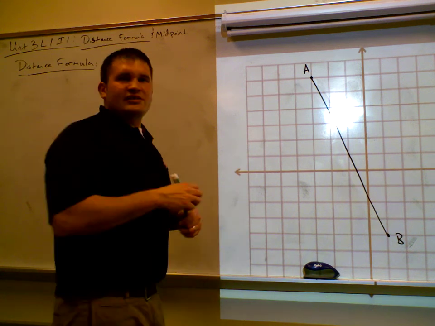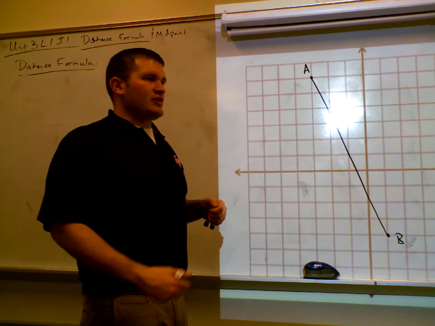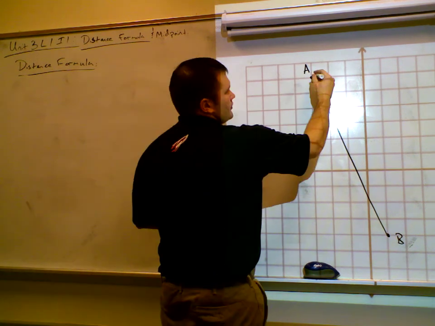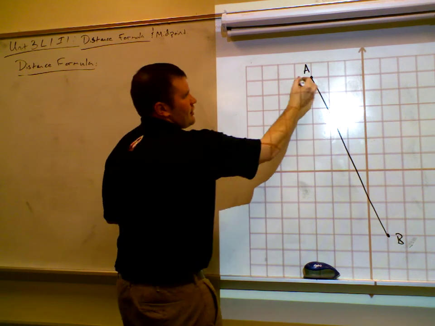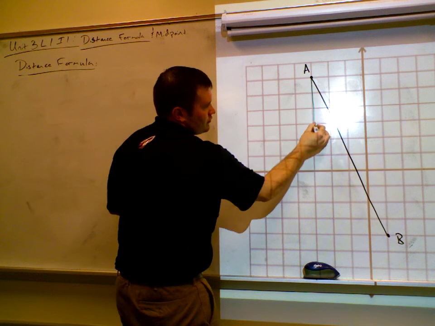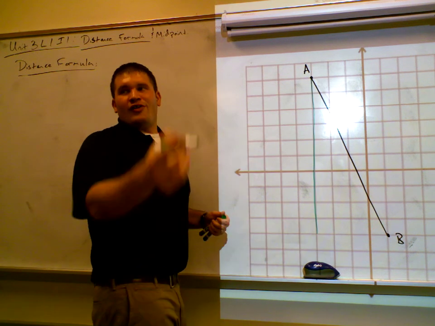Now, when we looked at the slope, we would find the rise and the run, wouldn't we? What's the rise? I want to go from A to B. What's my rise? We go down, right? That's not rising. It's negative rising.